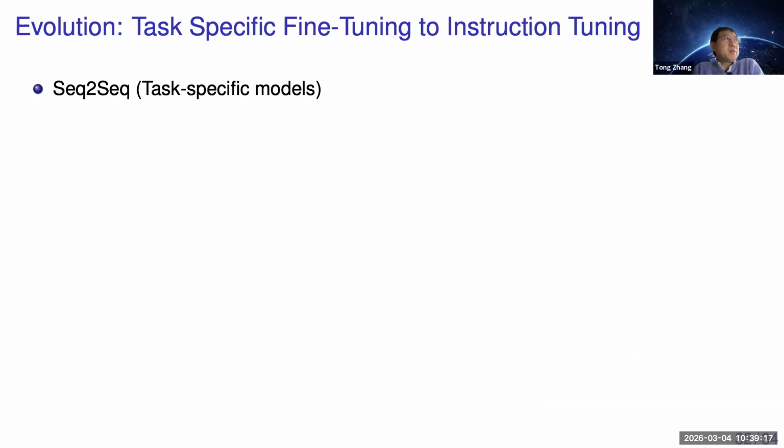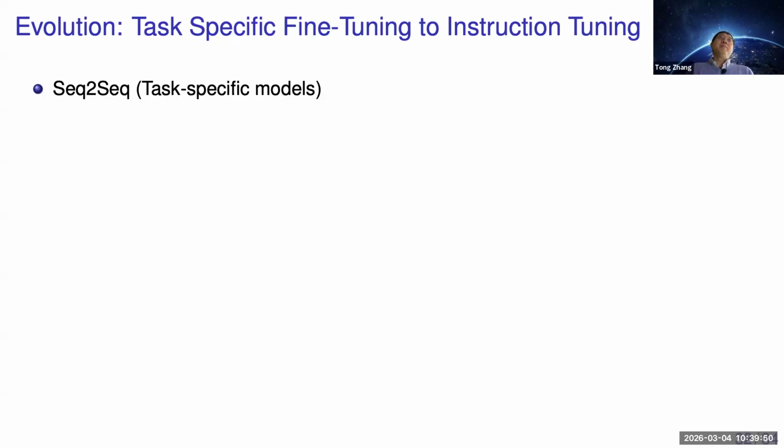So I will just quickly mention this evolution of thinking from task-specific fine-tuning to instruction tuning. If you look at that, task specific, that is before the LLM, for example, in the BERT or in the earlier days of natural language, maybe 5 years ago, right?